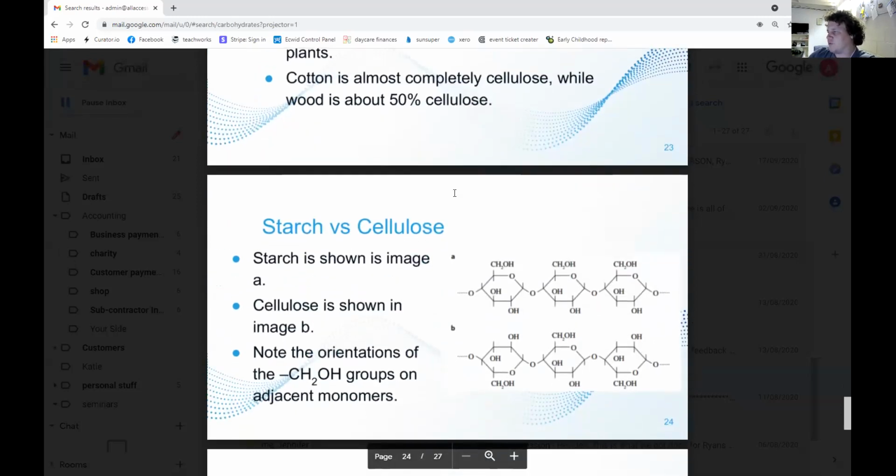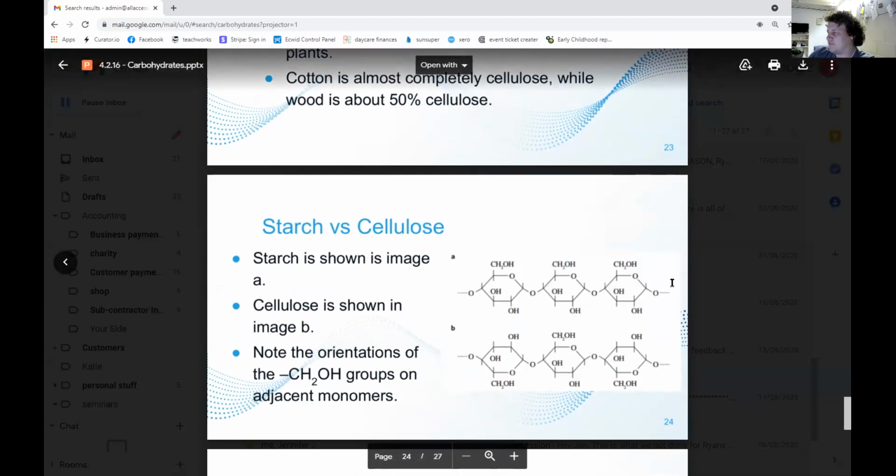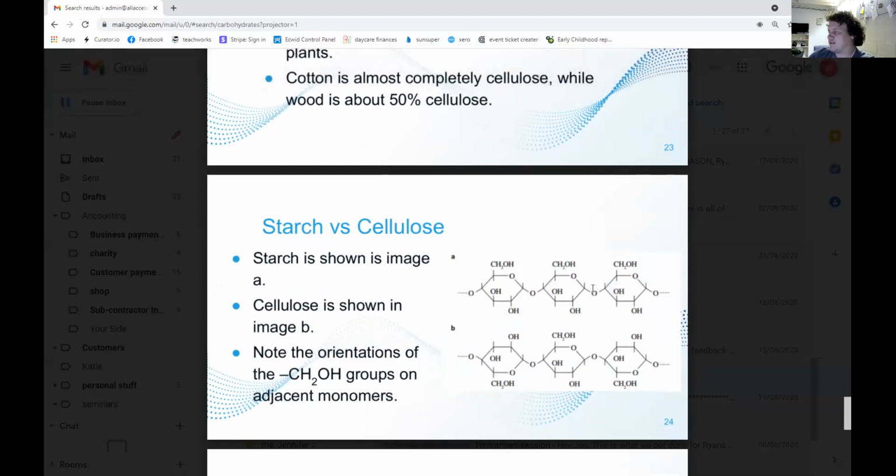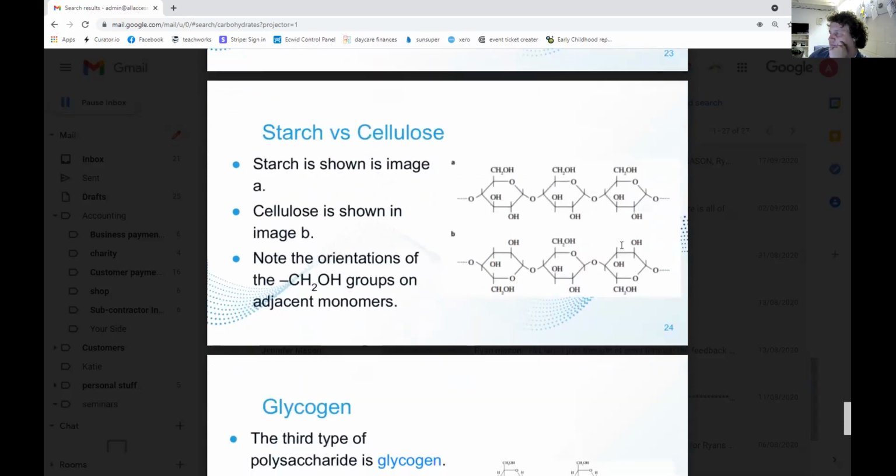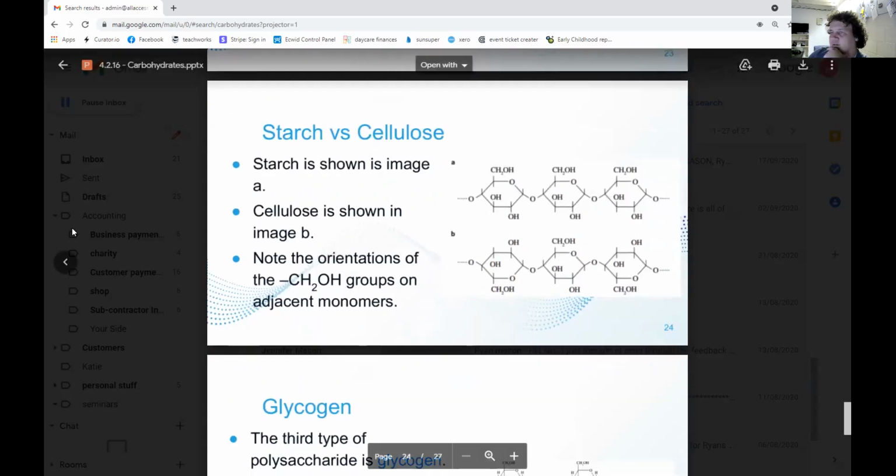So can anybody tell me partly what the difference is here between starch, which is here, more in the orientation of the CH2OH groups? What do you see that's different? Anyone?